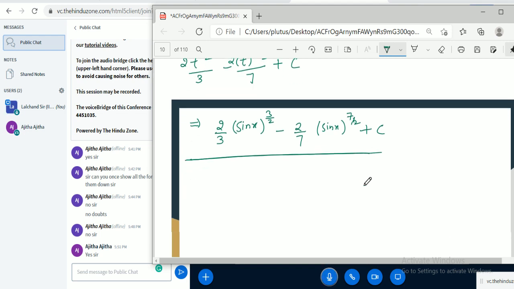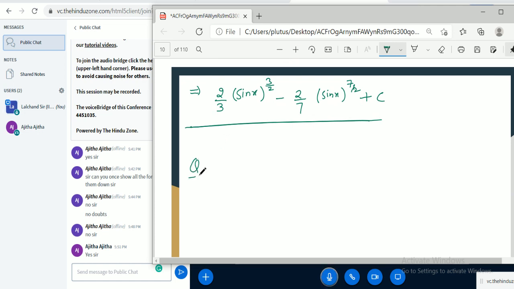So let us try to solve another question based on substitution. Next question is integral of (e to the power 2x minus 1) divided by (e to the power 2x plus 1) into dx. So can you integrate this now?